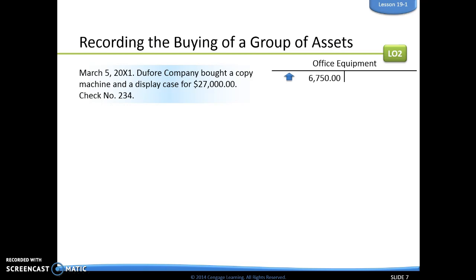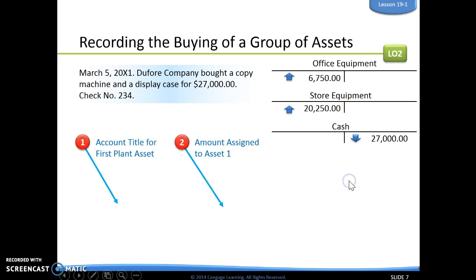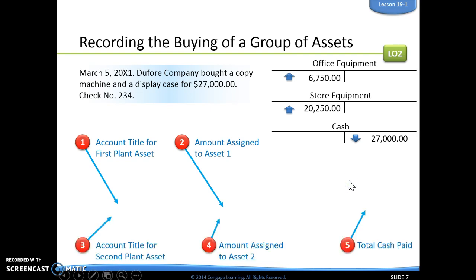So in this case, we're going to increase our office equipment by $6,750. We're going to increase our store equipment by $20,250, and then we're going to decrease our cash by $27,000. This would go into our cash payments journal because we're paying cash.